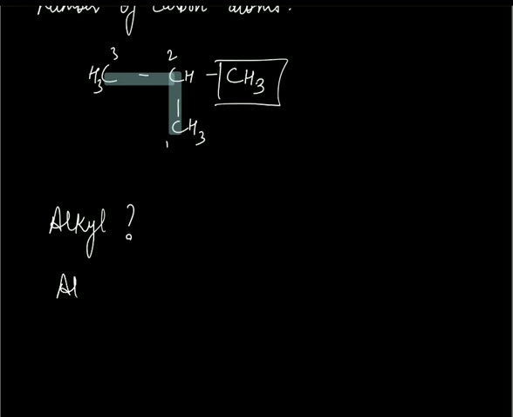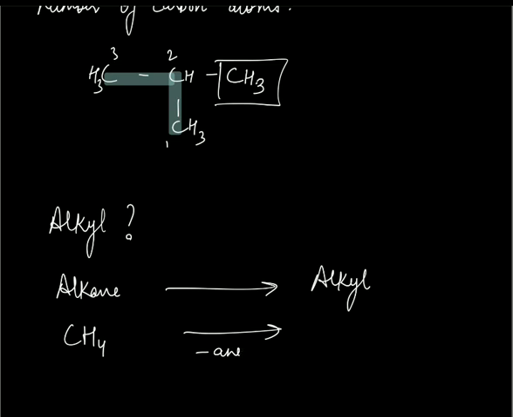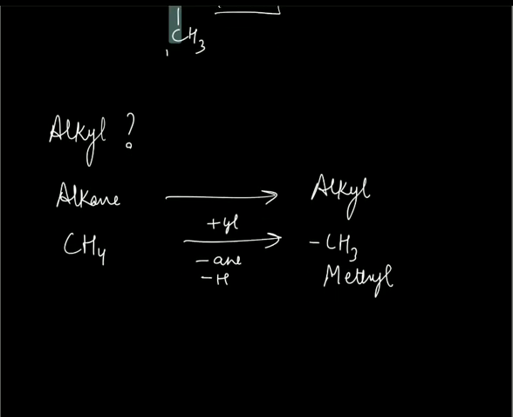Now before naming this, let's understand what an alkyl is. We know how to write an alkane. So what if an alkane is changed into an alkyl? CH4 is there, you remove the -ane suffix, you remove a hydrogen, and you put the suffix "-yl", right? So this will become CH3, and this is something we call methyl because it has only one carbon. This is a branch attached to the main parent chain.